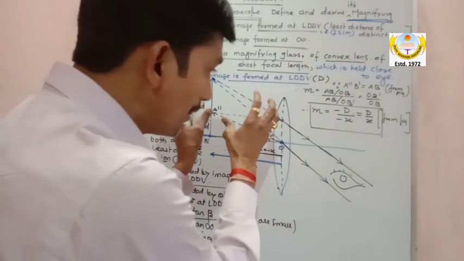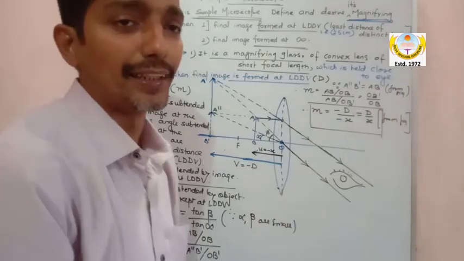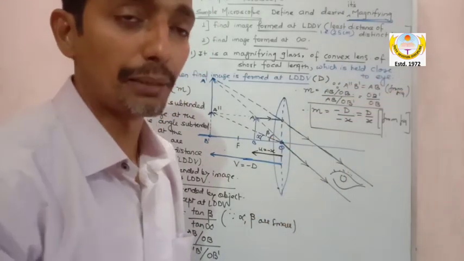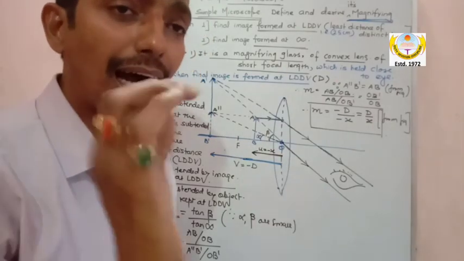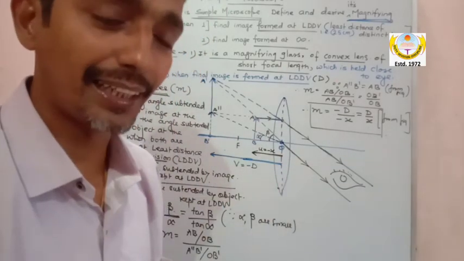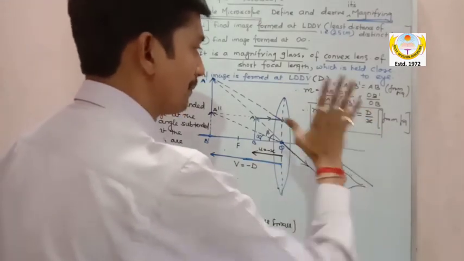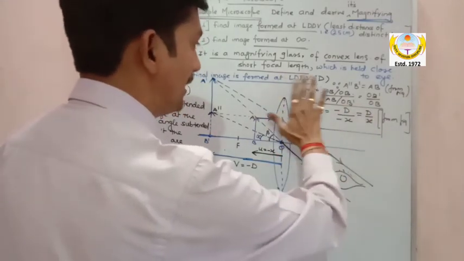We will paste this concept there, because eyepieces of those instruments act as a simple microscope. Please take care. So right now the magnifying power for LDDV is d by x, I got it.